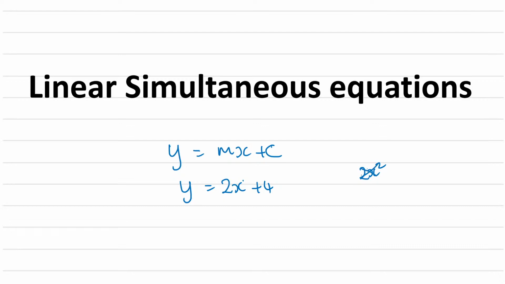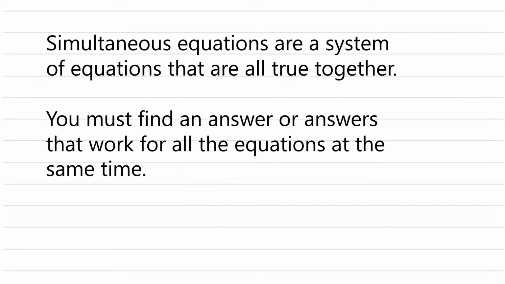So the ones we're doing today are equations which are linear. You can get quadratic equations, so you can get quadratic simultaneous equations. That is not what we're doing today. So what are simultaneous equations then? Well, they are a system of equations that are all true together.